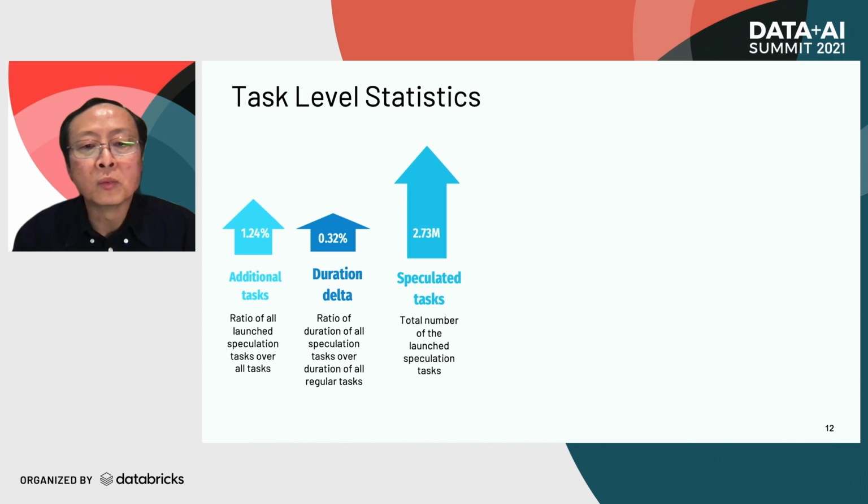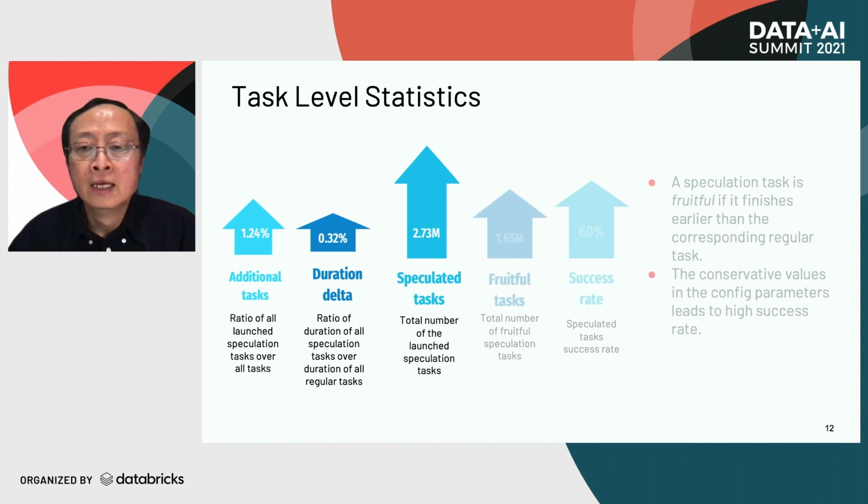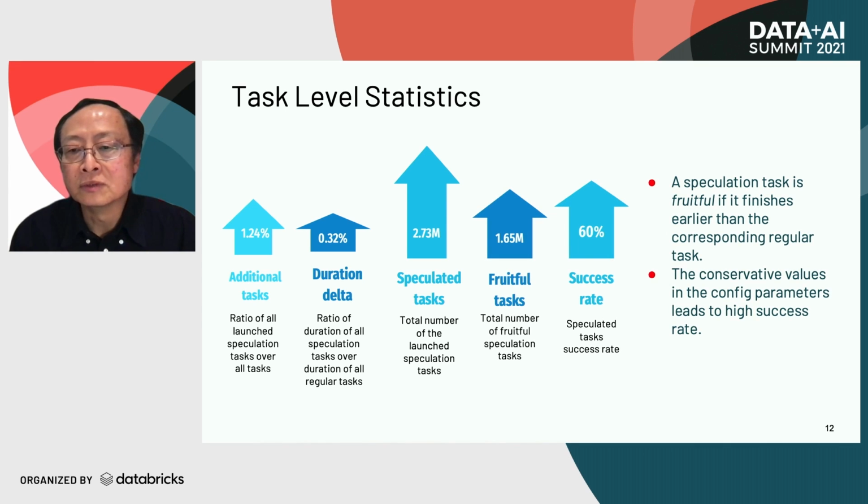And also for the 1 week period, we launched a total of 2.73 million speculation tasks. And now I want to introduce this concept of fruitful for a speculation task. A speculation task is fruitful if it can finish earlier than the corresponding regular task.